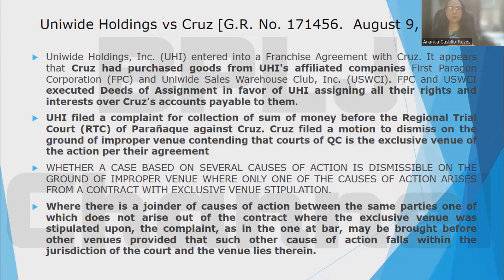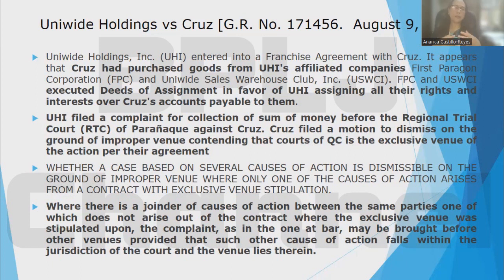Okay, now the issue is whether a case based on several causes of action is dismissible on the ground of improper venue where only one of the causes of action arises from a contract with an exclusive venue stipulation. So we now have a case of joinder of causes of action. Now, there are several causes of action joined in one case, okay?